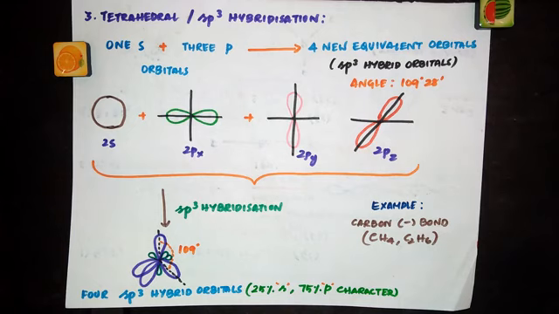And the next one is sp2 hybridization, where 1 s and 2 p orbitals are undergoing hybridization, whereas 1 p orbital is left unhybridized, and the angle is 120 degrees. And the third one is tetrahedral or sp3 hybridization, where 3 p orbitals and 1 s orbital are undergoing hybridization, and the angle between the hybrid orbitals is 109 degrees 28 minutes.